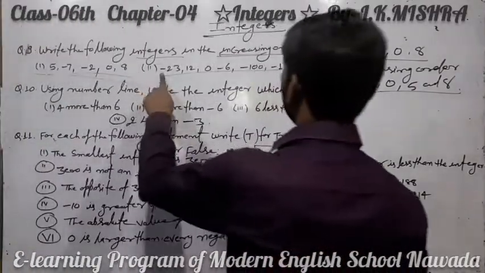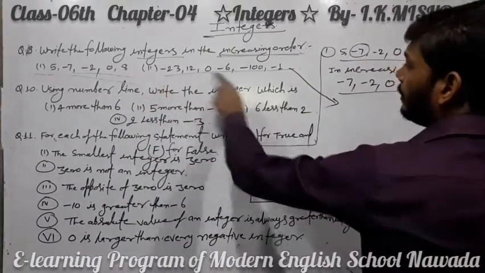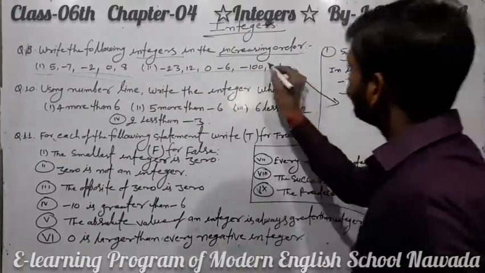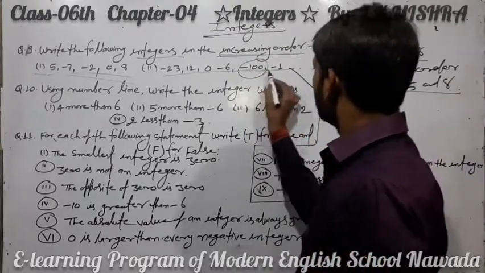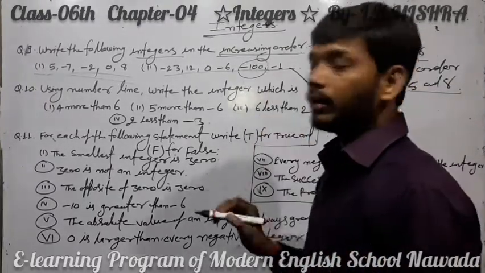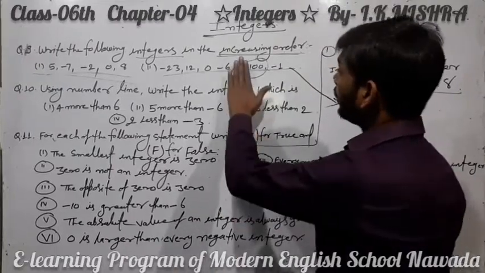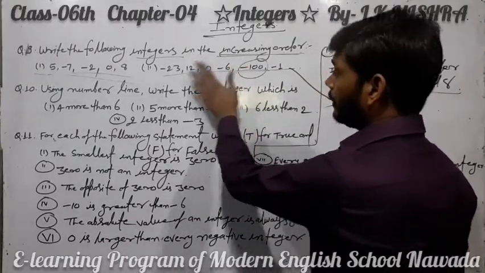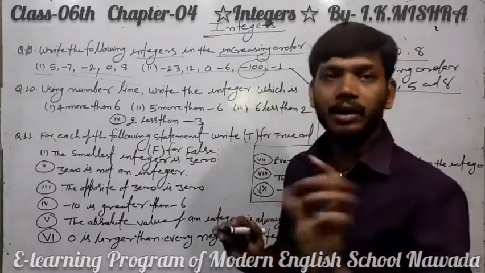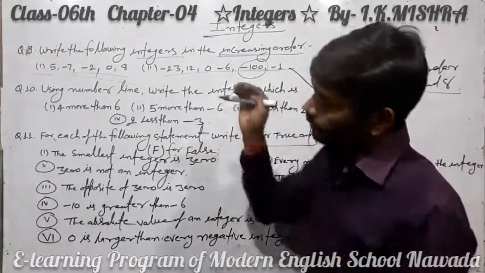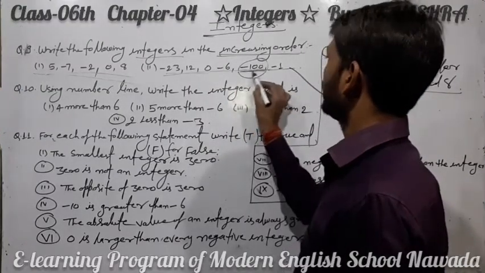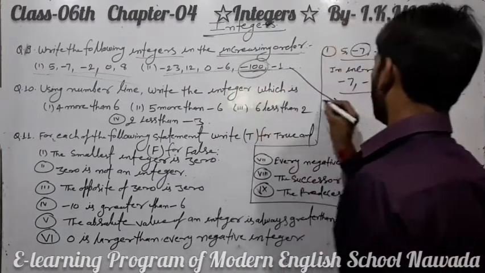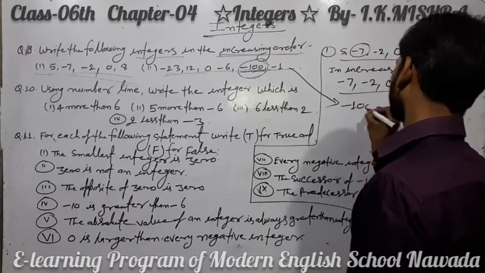Observe here minus 100. Students, any number without a minus sign is greater, but every larger number with a negative sign is very less. So here the smallest integer is minus 100. First of all write minus 100.